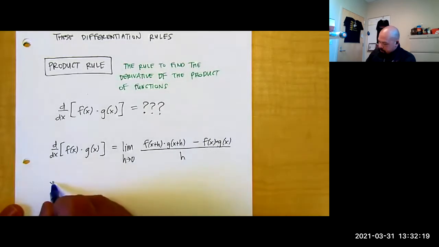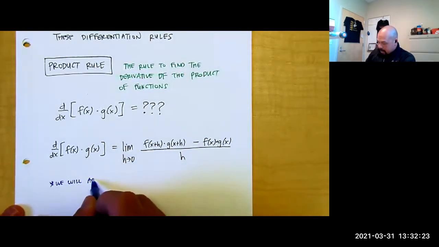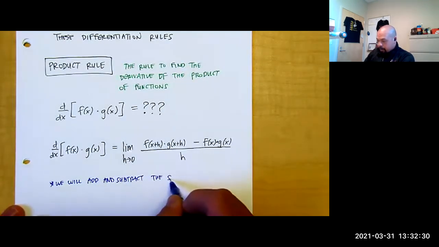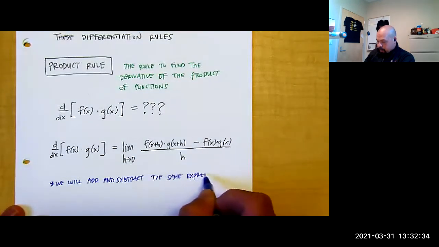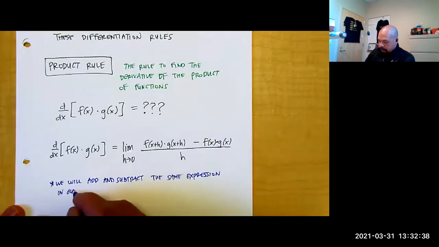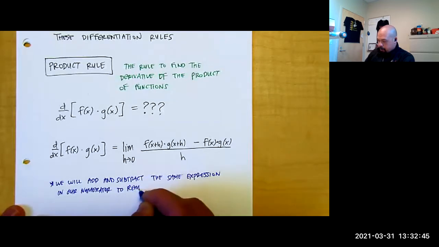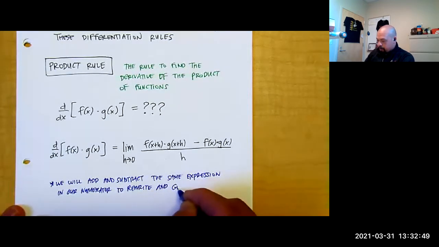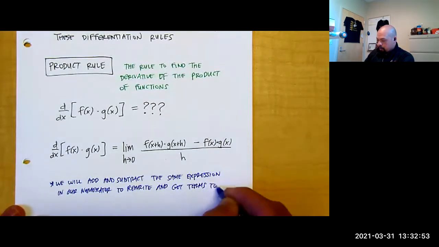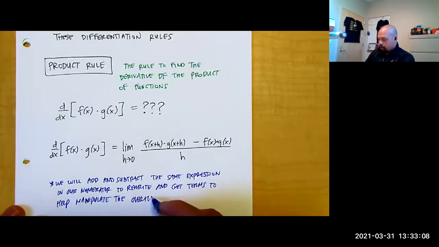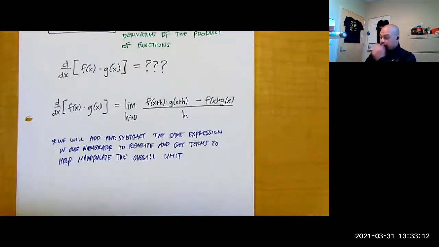Here, we will add and subtract the same expression in our numerator to rewrite and get terms to help manipulate, right, to rewrite the overall limit. And again, it's kind of awkwardly stated there. So let's look at this, okay?